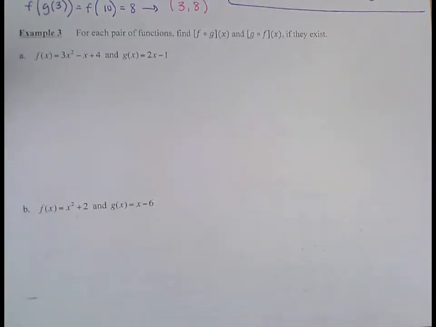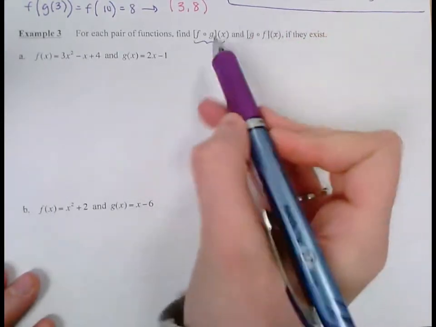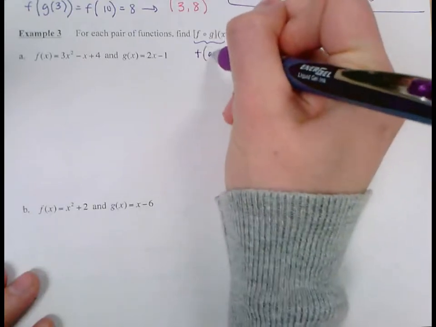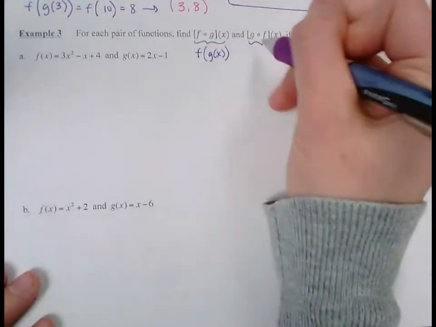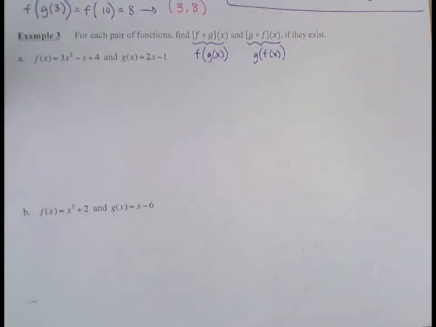And as you saw from the first example with the ordered pairs, f of g and g of f are not the same thing, so it matters which function you're substituting into the other. You can write them however you want. Typically I would write f of g this way, or you'll see me write it that way more often. G of f, you'll see me write this way more often. Either way is fine, but you do need to understand that they both mean the same thing.